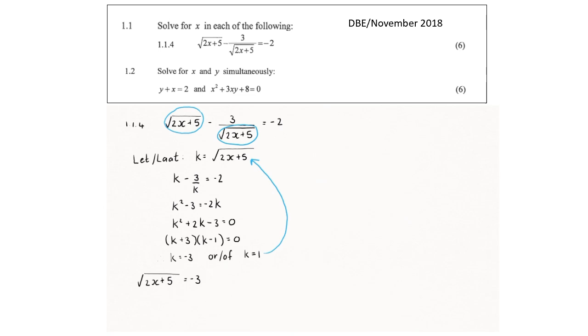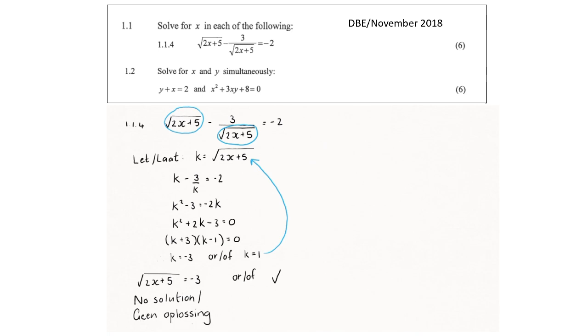Now if we look at the first equation, the square root of 2x plus 5 equals -3. We have a positive square root on the left-hand side, and it is impossible for a positive square root to be equal to a negative number. So that means the first equation has no solution.